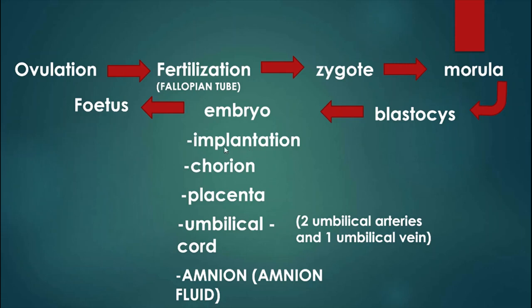After implantation, the embryo produces finger-like structures called villi from the outer membrane of the embryo, which is known as the chorion. The villi grow into the tissue of the uterus to form the placenta. The placenta is attached to the embryo by the umbilical cord, and the umbilical cord has 2 umbilical arteries which carry deoxygenated blood from the embryo towards the placenta, and 1 umbilical vein which carries oxygenated blood from the placenta to the embryo.